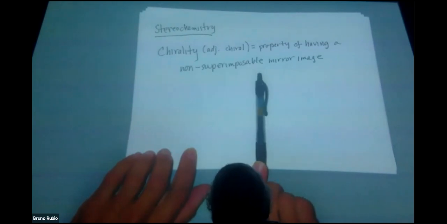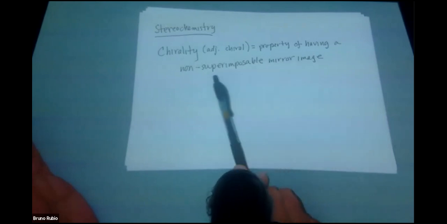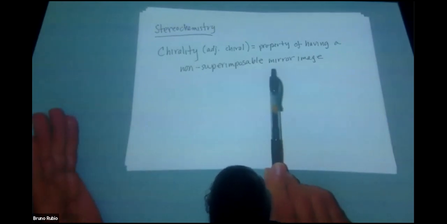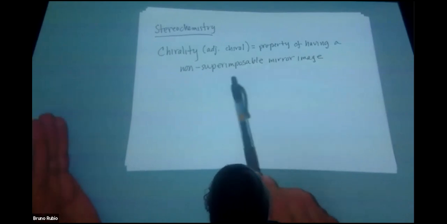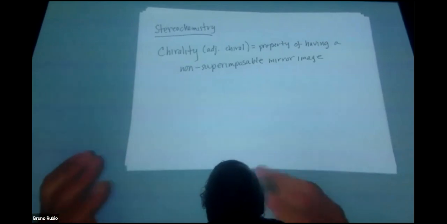But people tend to forget the non-superimposability part of this definition of chirality. Everything has a mirror image except a vampire, but chirality does not mean whether it has a mirror image. Chirality means whether that mirror image is non-superimposable or not.